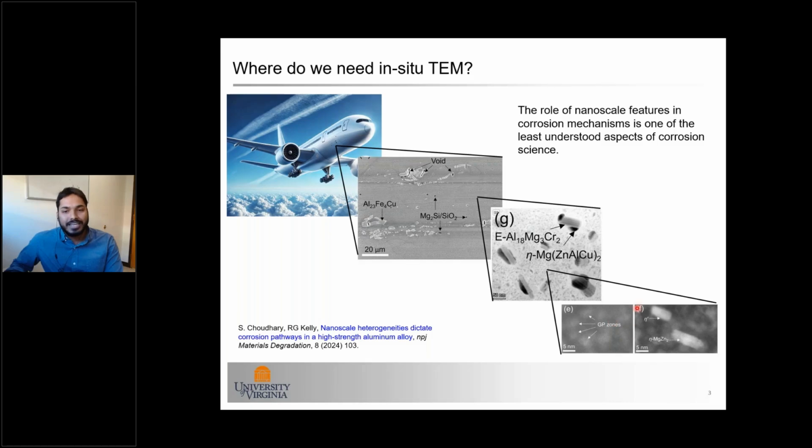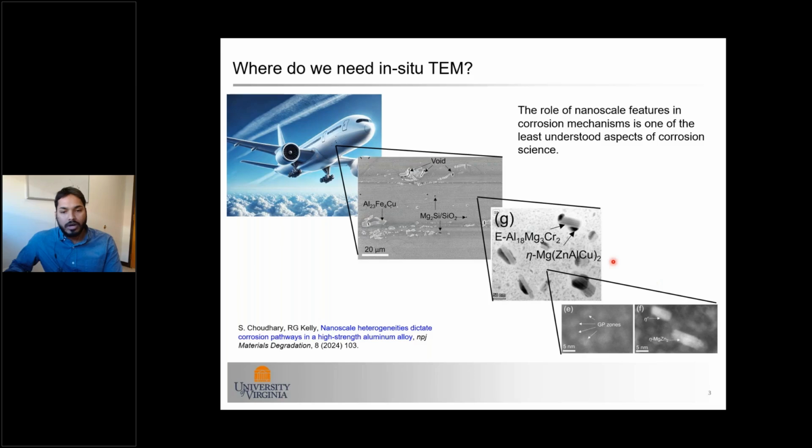However, our understanding in regards to their contribution to the passivity is limited. We do believe that the fundamental understanding of corrosion mechanism at nanoscale would be crucial in developing appropriate corrosion mitigation strategies and developing next generation materials for emerging technologies.